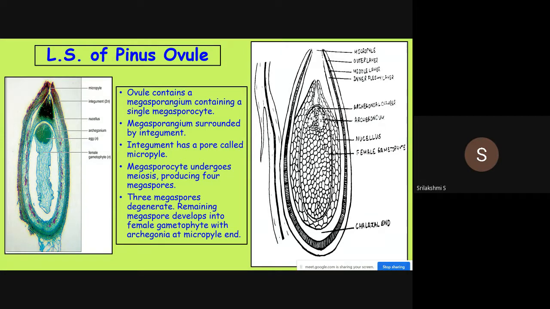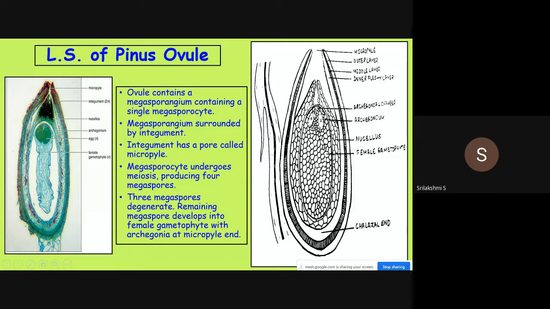So generally during reproduction, what happens? The pollen grains are shed near the pollen chamber, which is not very distinct. It reaches the archegonial chamber by putting forth the pollen tube, and then the male gametes or the sperms are released into the archegonial chamber.